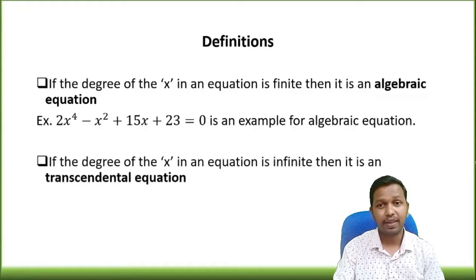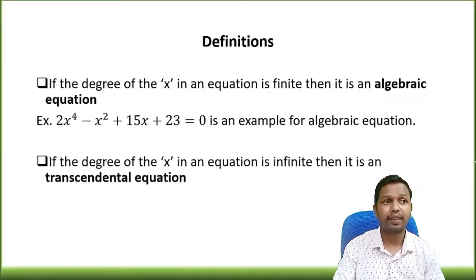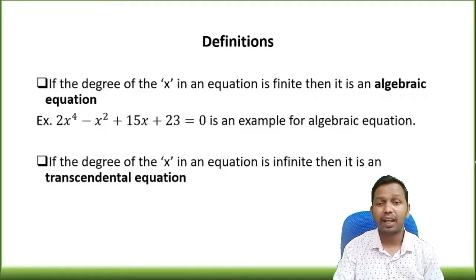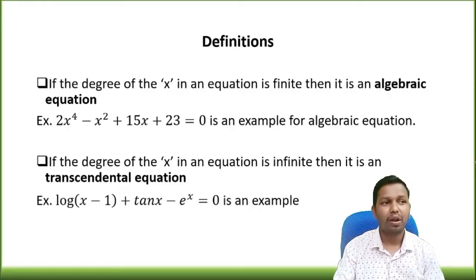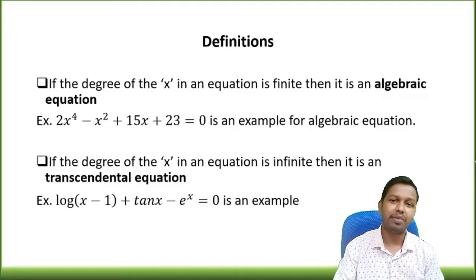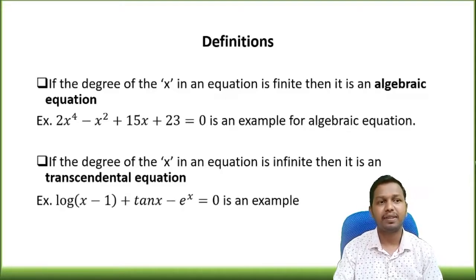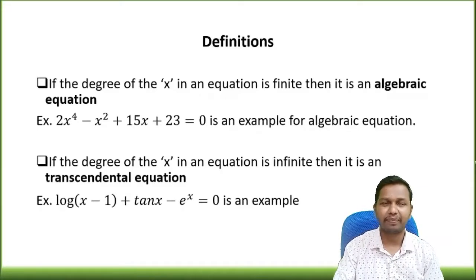If the degree of x in an equation is infinite, then it is a transcendental equation. For example, log of x minus 1 plus tan x minus e power x equals 0 is an example.